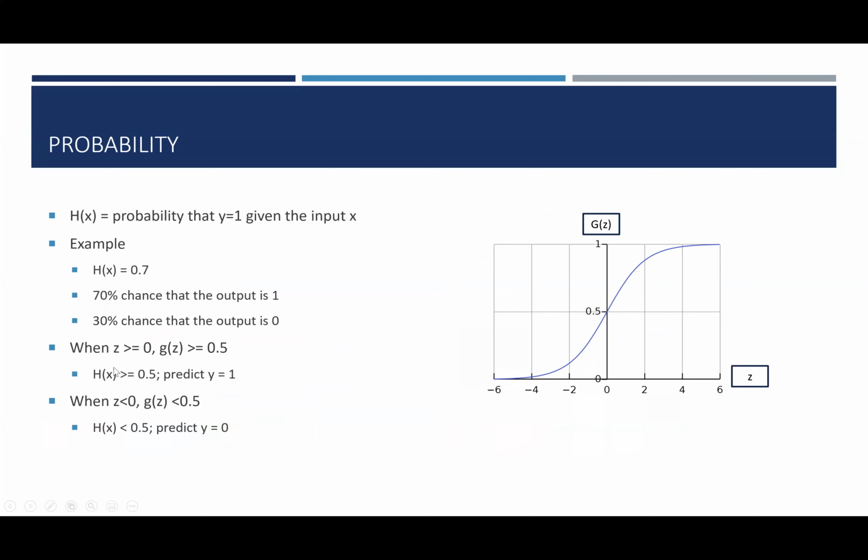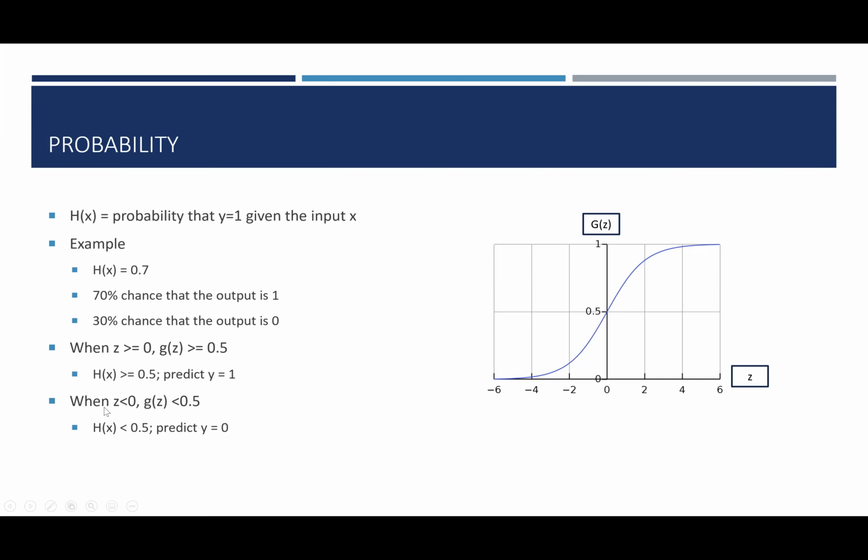And to better visualize that, say when z is greater than or equal to 0, so when z is on this side of the graph, that means g of z is greater than or equal to 0.5. And thus, since h of x is equal to g of z, h of x itself is greater than or equal to 0.5, and from your classifier, you can predict that y is equal to 1.